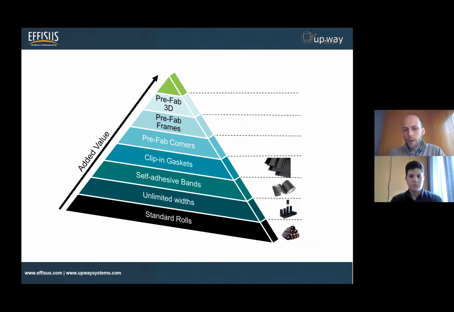So if you remember, just last Monday we were talking about customization on PDMs, for instance, and we have here a very simple scheme to understand. So that is our different levels of customization that we can add to this kind of product. And we were talking more specifically about these first four levels.